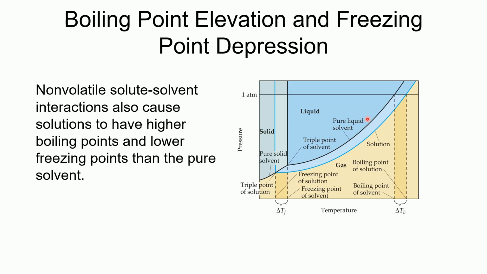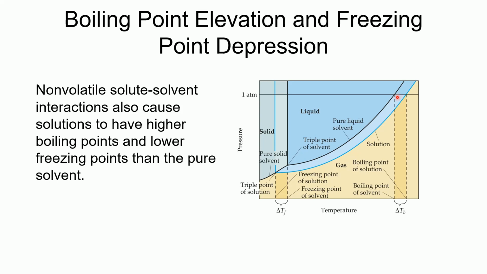Well, when we have a solute in there, that's going to cause this line to shift down because it's lowering the vapor pressure throughout that solution. Because we're lowering the vapor pressure, our new line, which is the vapor pressure of our solution rather than our solvent, is going to have a higher temperature at which it crosses 1 atmosphere.